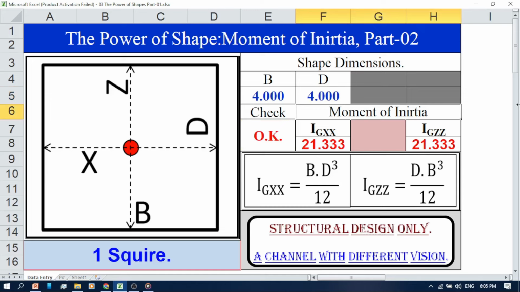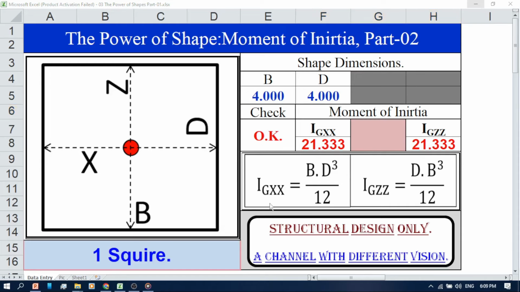Now on the display board we are finding the values of moment of inertia of the square section around the XX axis, IXX, and IZZ changed from 6.75 to 21.333. We are also watching the formula of moment of inertia below these results.